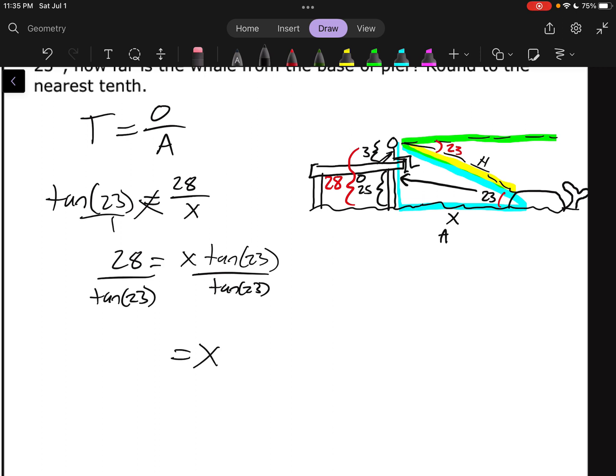And what are we going to get here? 28 divided by tangent of 23 is 65.96. That just rounds to 66. So we'll say that that whale is 66 feet away.